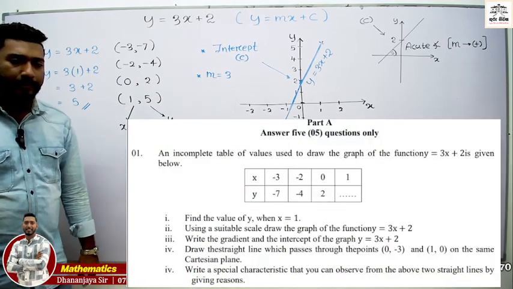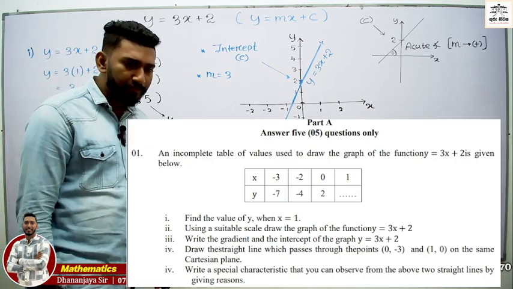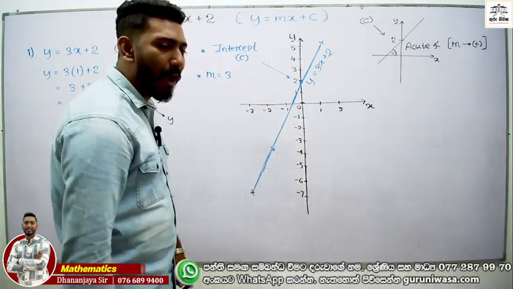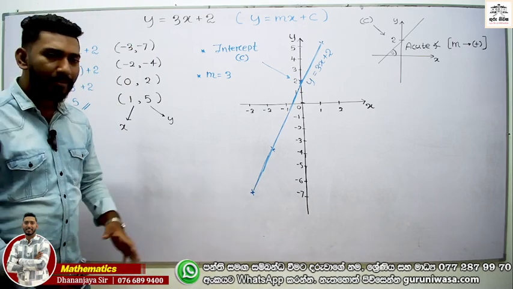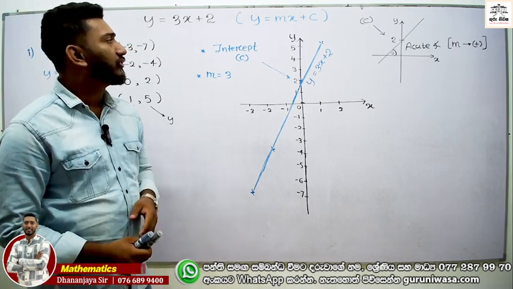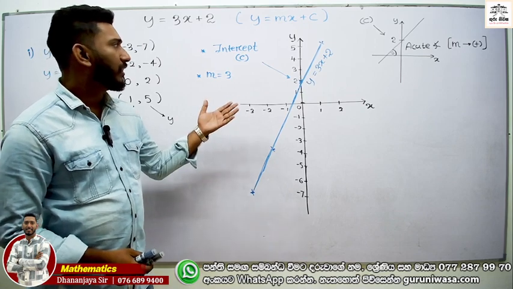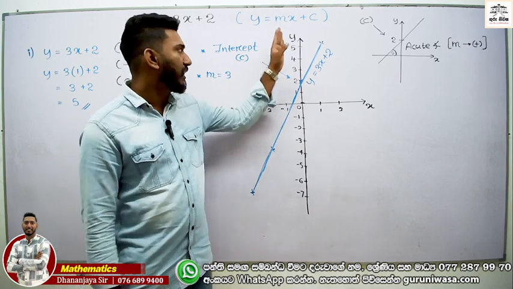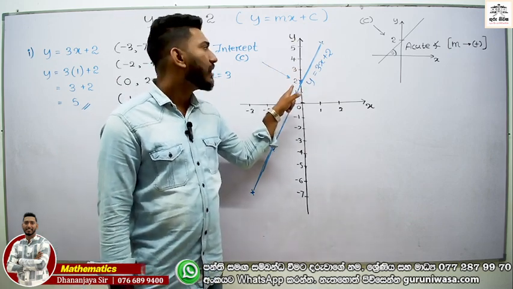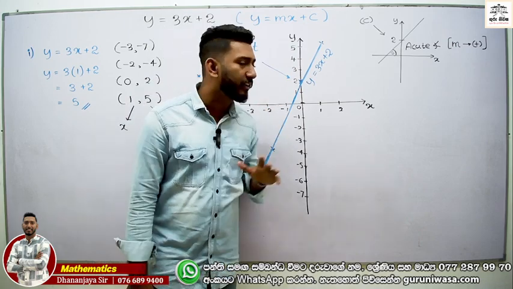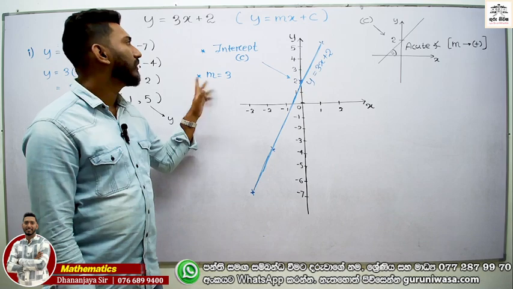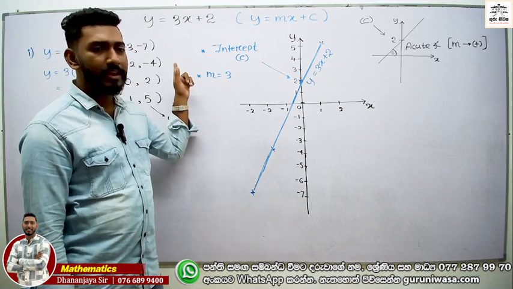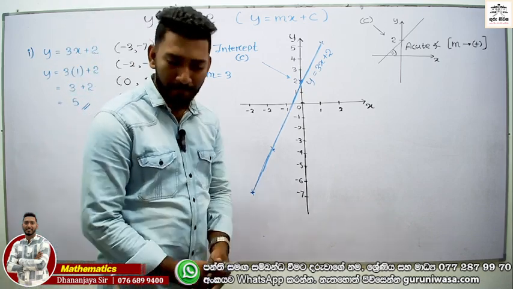Now write the gradient and intercept of the graph y equals 3x plus 2. We identified that earlier, right? Therefore the intercept is plus 2, and you know the intercept is the intersection point with the y-axis, where it cuts. It's plus 2, and the gradient is positive 3. Well done. Right? And the next question.